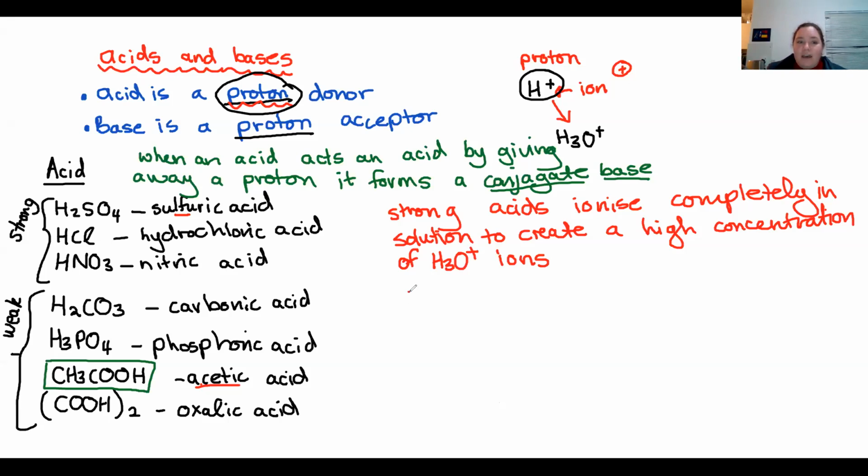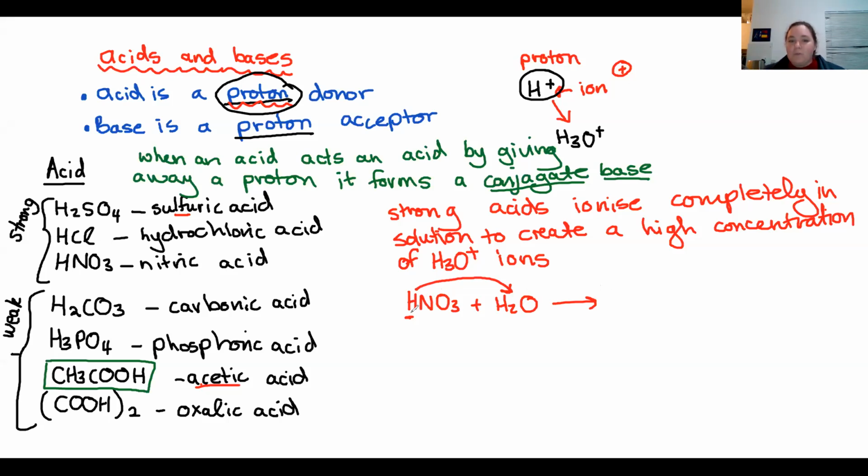So if we were to have HNO3 and we react it with water, immediately what will happen is that this proton will get lost and the proton will be given to H2O. Please, you don't write that little arrow that I drew there. It's not necessary.